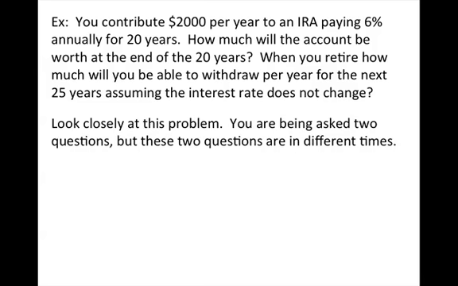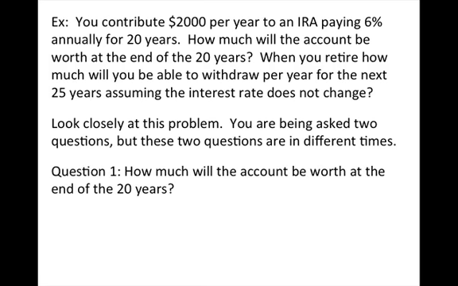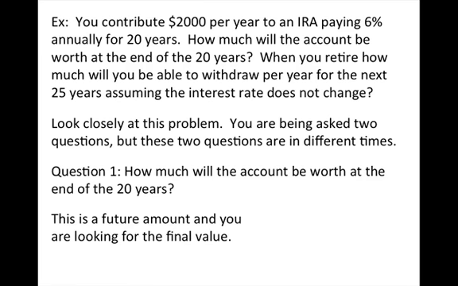With this question, you have to be careful. So let's take a closer look at this question. I'm being asked 2 different questions, but these questions are in 2 different times. In the first question, I'm asked how much will the account be worth at the end of 20 years? Well, this is a future amount, and then we're looking for the final value.